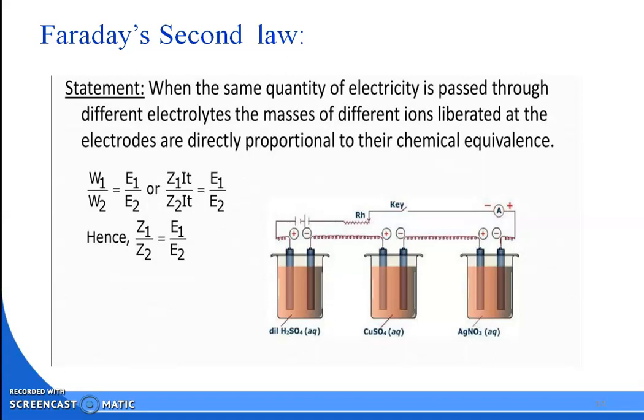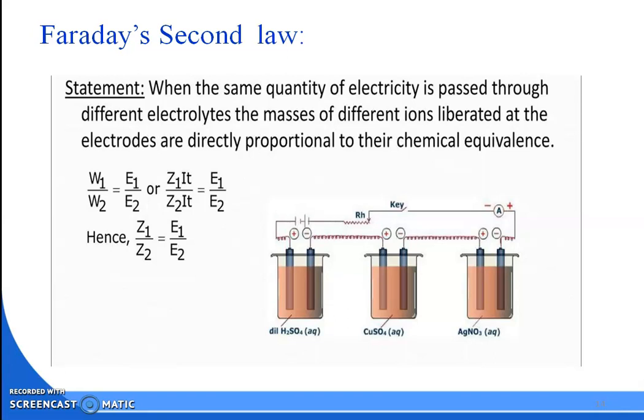Let me simplify it to you. When the same quantity of electricity is passed through different electrolytes, in Faraday's first law there is a single electrolyte. But here, if different electrolytes are there, then the masses of different ions liberated at the electrodes are directly proportional to their chemical equivalence. So what do you mean by chemical equivalence?